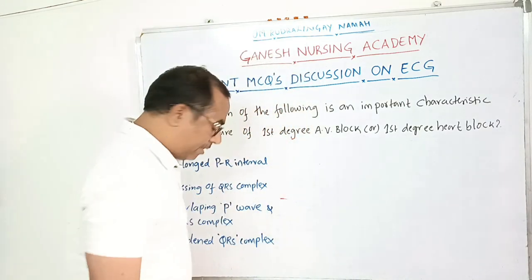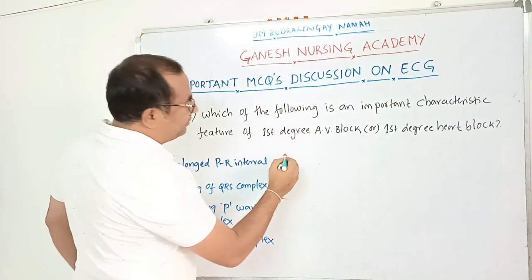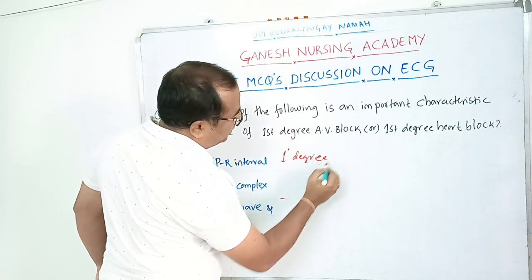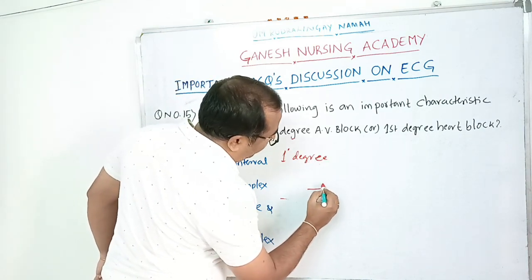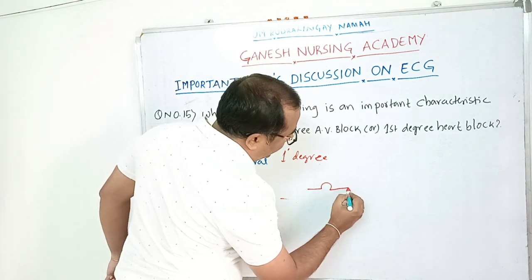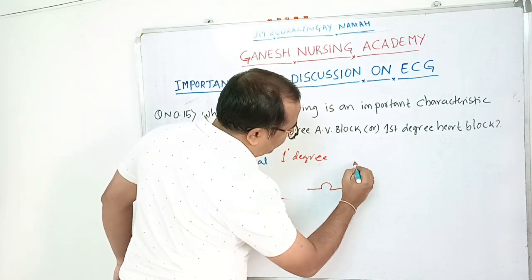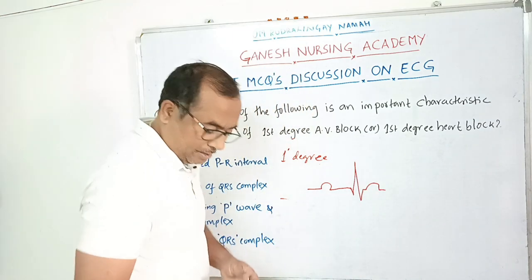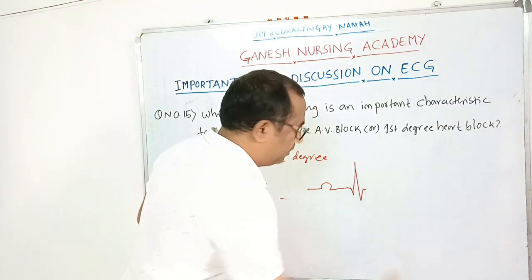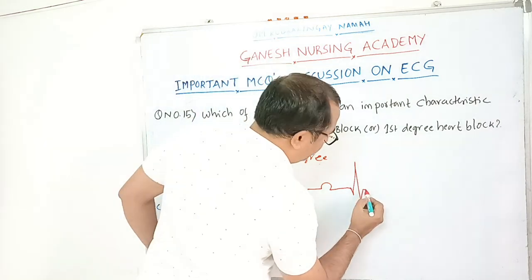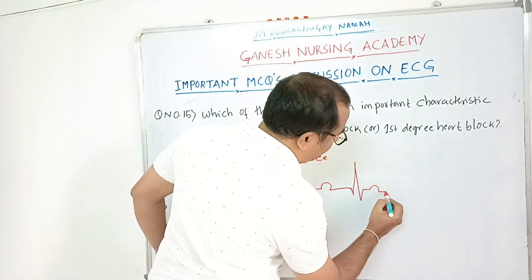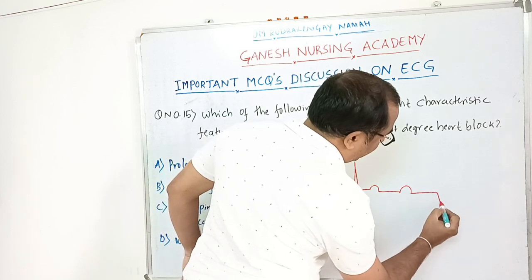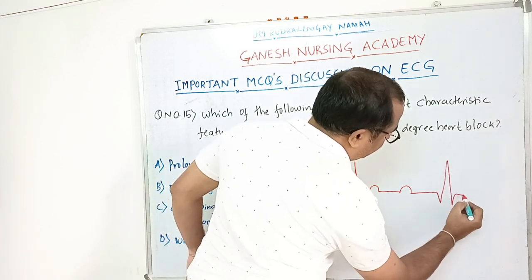In first degree heart block, you can see there will be a normal P wave, but the QRS complex will appear late after the P wave, and there will be a T wave. Then again, see here, P wave, QRS complex, and a T wave.